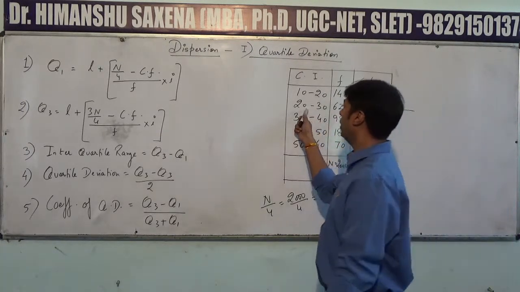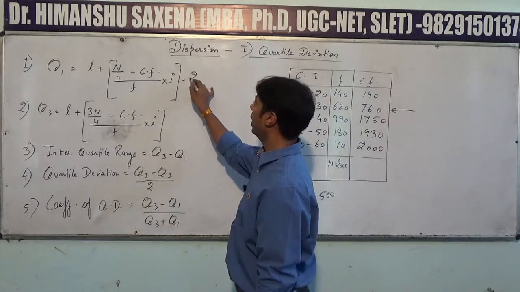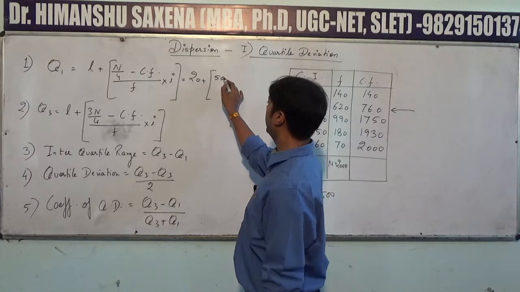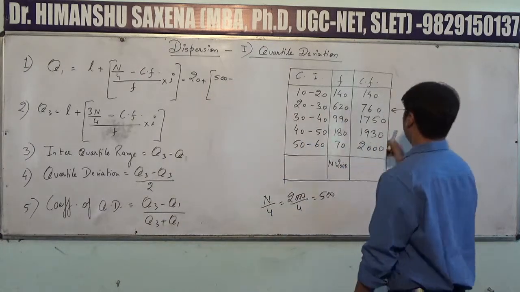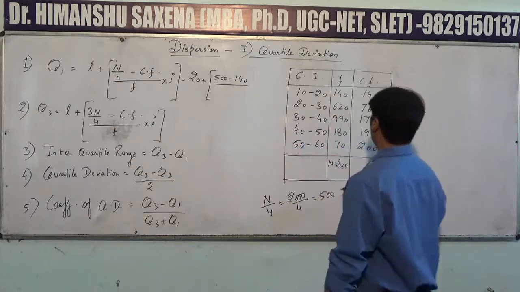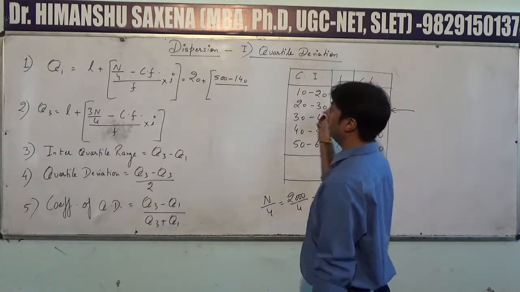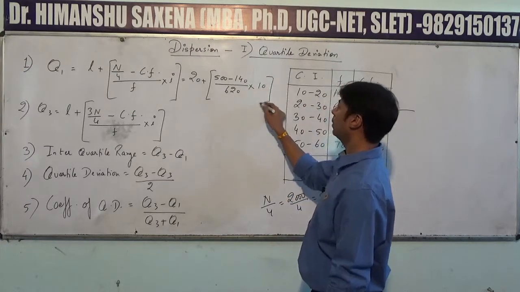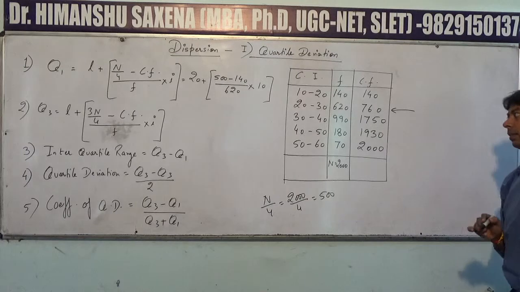What is the lower limit of this class interval? That is 20. N by 4, that we just calculated, is 500, minus CF of the previous class, that is 140, upon frequency of this selected class, that is 620, into class interval of 10 points.